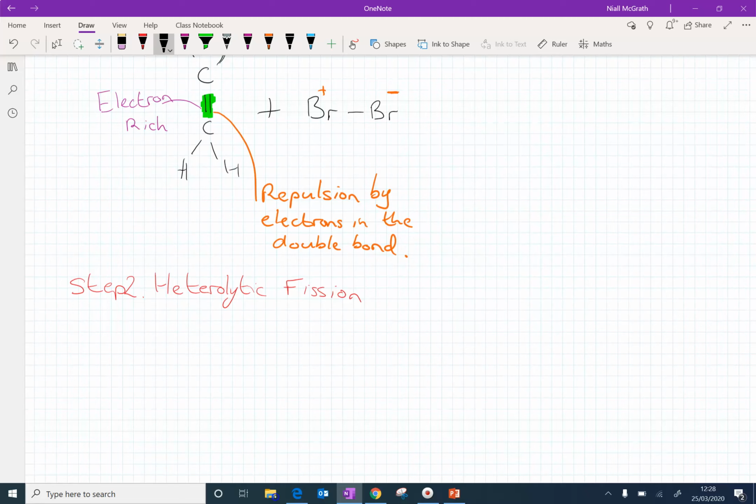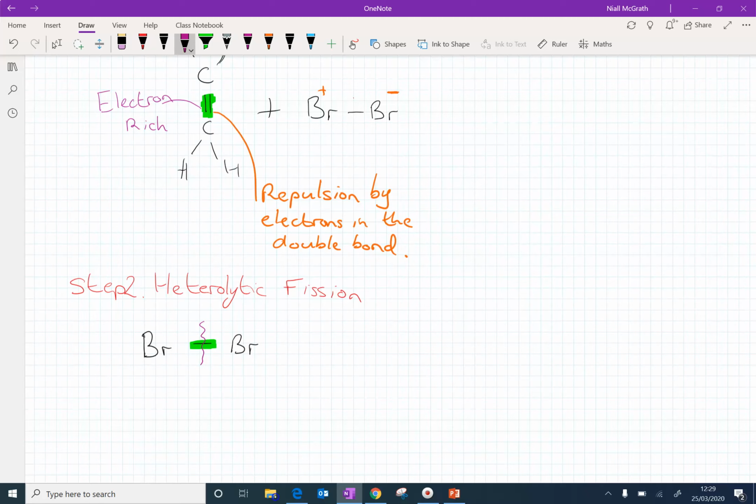It's when all the electrons in a bond go with one atom and the other atom doesn't get any electrons. If we have our Br-Br, we know that the bond there represents 2 electrons, between the two atoms of bromine. When this is broken, all the electrons go with one or the other.